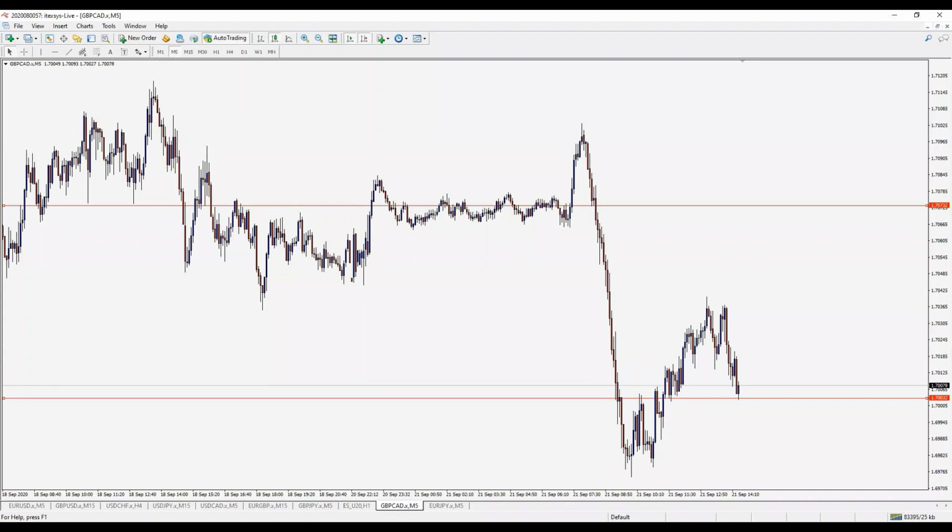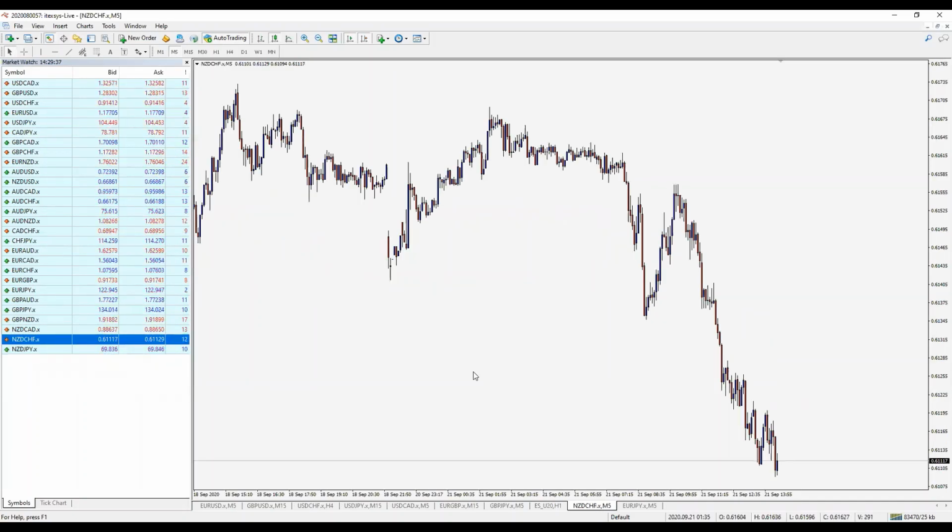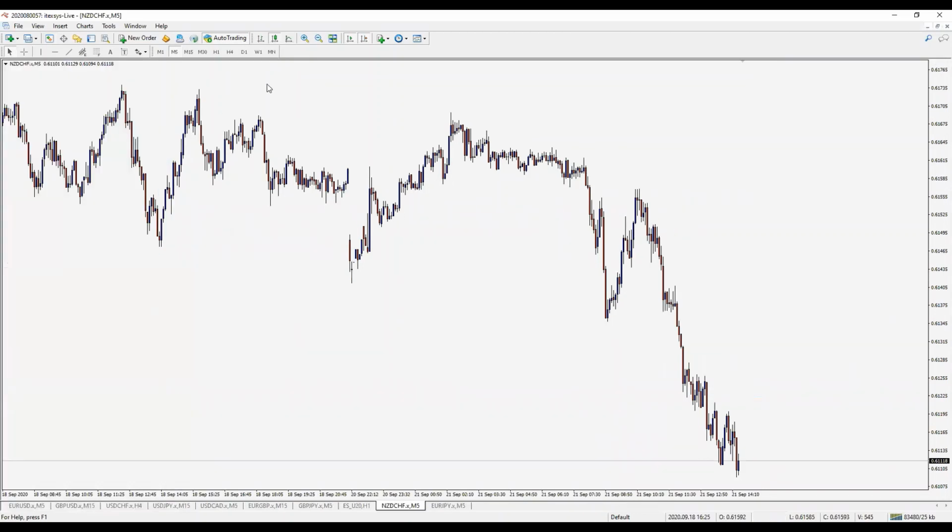All right, Jonas, you asked for Kiwi against the Swiss. Well, let's take it. That's the NZD against the Swiss franc. Okay, let's start with the high time frame.